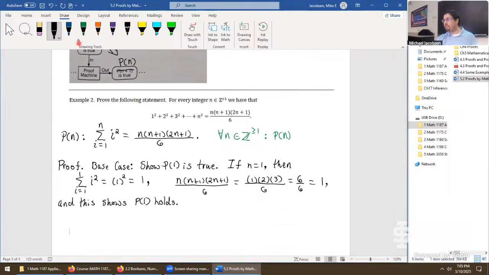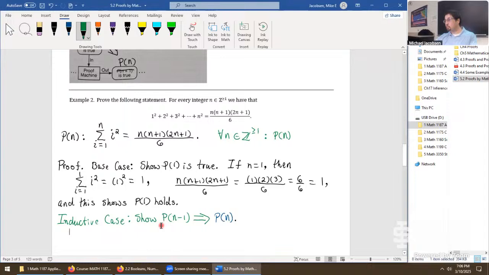So let's call this the inductive case. In the inductive case, we show P of n minus 1 will imply, let's put this in blue, this is our target, P of n is true. So we've got what we want to do.